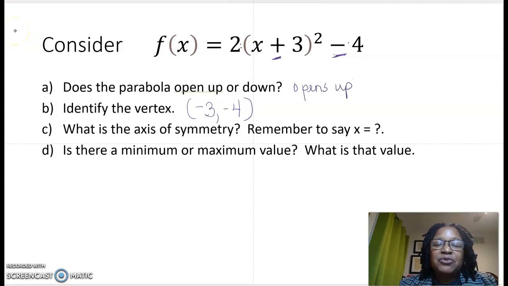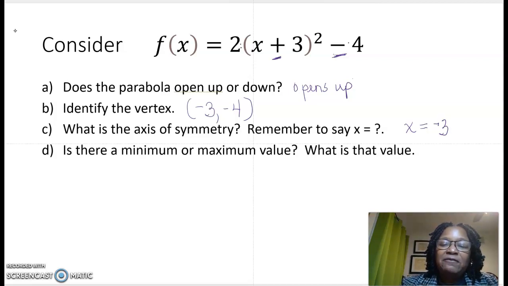The axis of symmetry is the imaginary vertical line that the graph is symmetric about, and we said that is always x equal to the first coordinate of the vertex, which is, in this case, -3. Is there a minimum or maximum value?